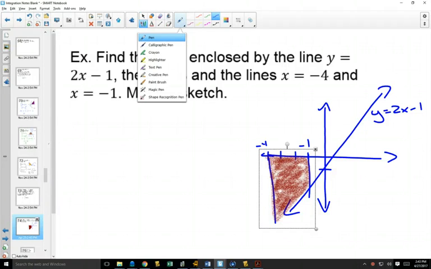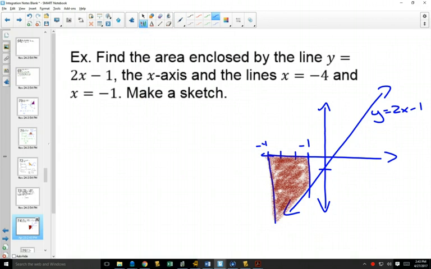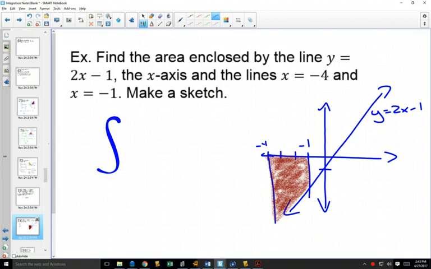So now, pull out our fancy pen. Fancy pen thick this time? All right, from -4 to -1.